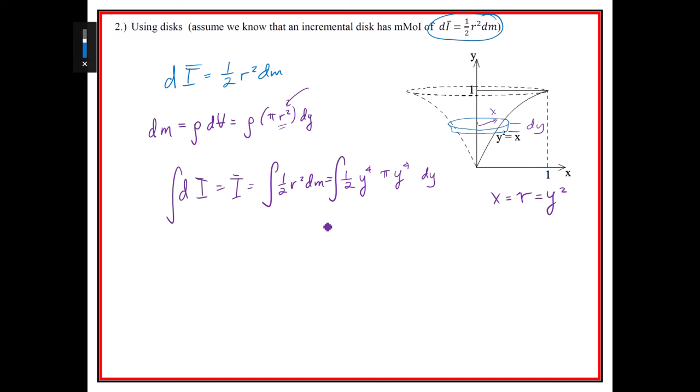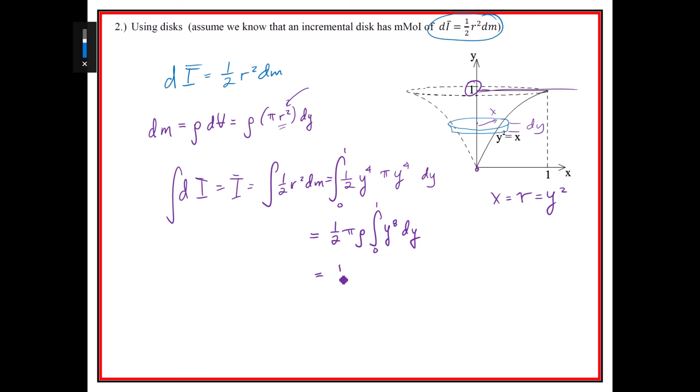We're going to do that from 0 to 1 again, because y extends to 1 up in here. If we take the integral of that, we move the constants to the outside and integrate y to the 8 dy.